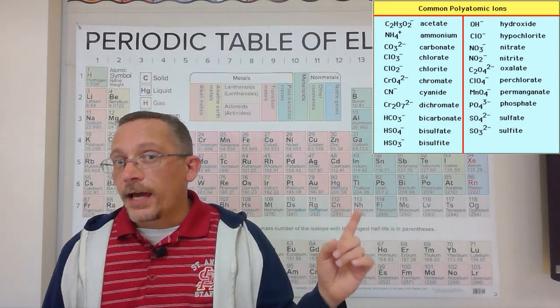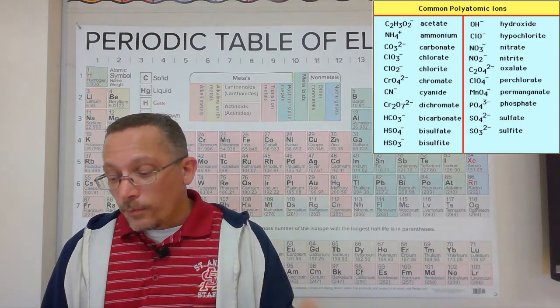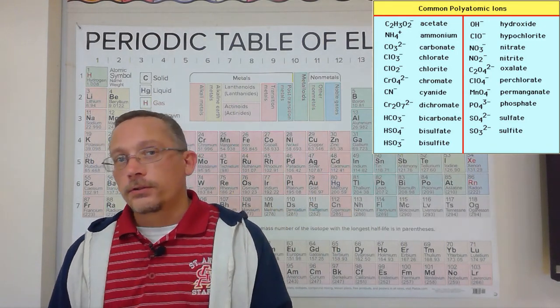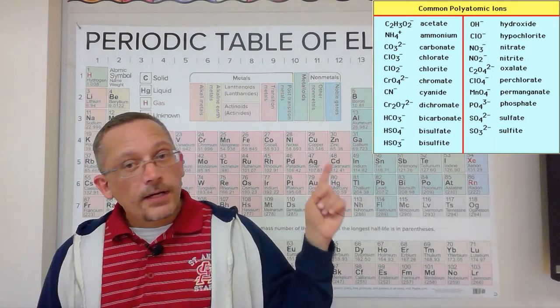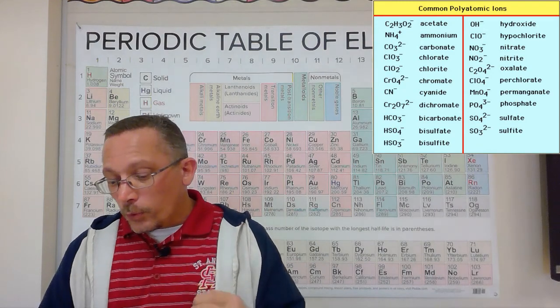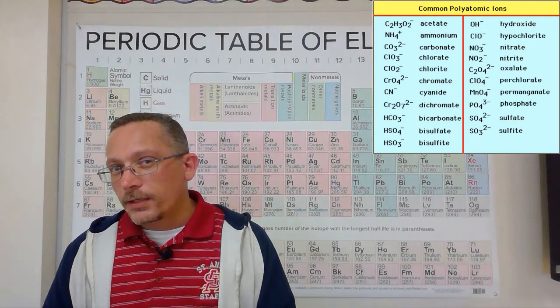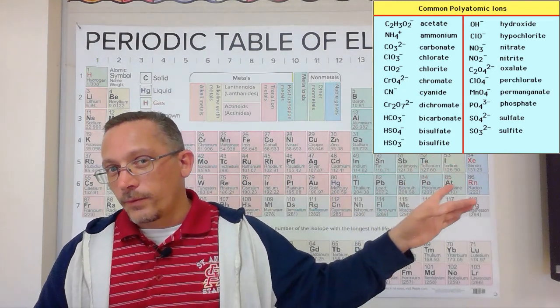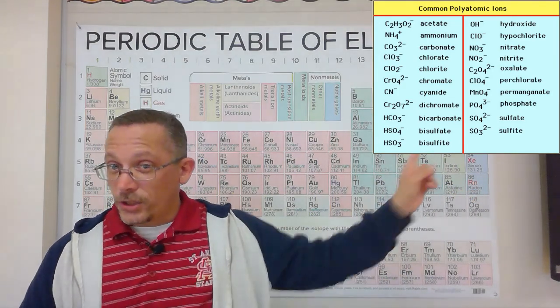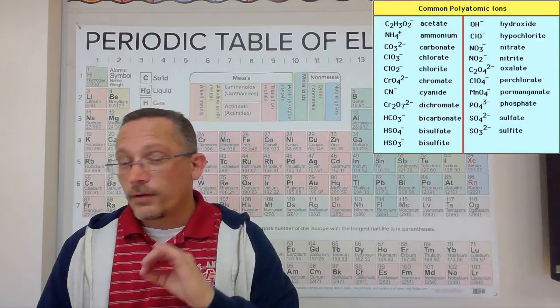Most of them are anions, they're negative ions, but there is one notable cation, ammonium. I am not going to ask you to memorize a list of polyatomic ions, but whenever we work with the polyatomic ions, I will give you a chart of them where you can see their name and their formulas, and you'll see their charge. So you'll know what they are. You won't have to memorize them at all.